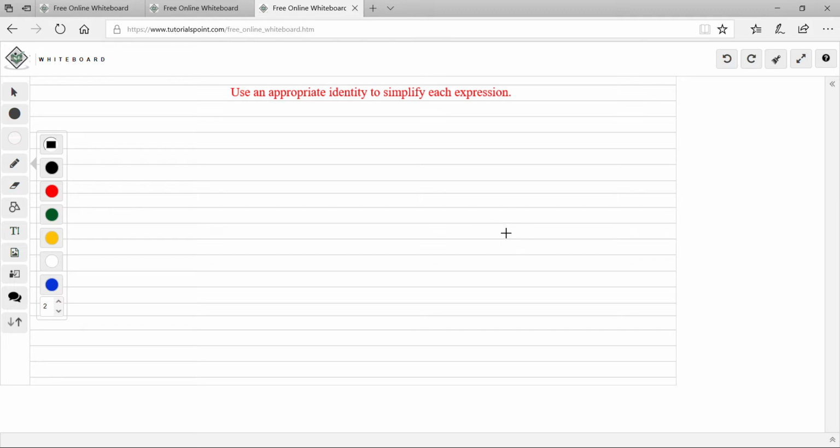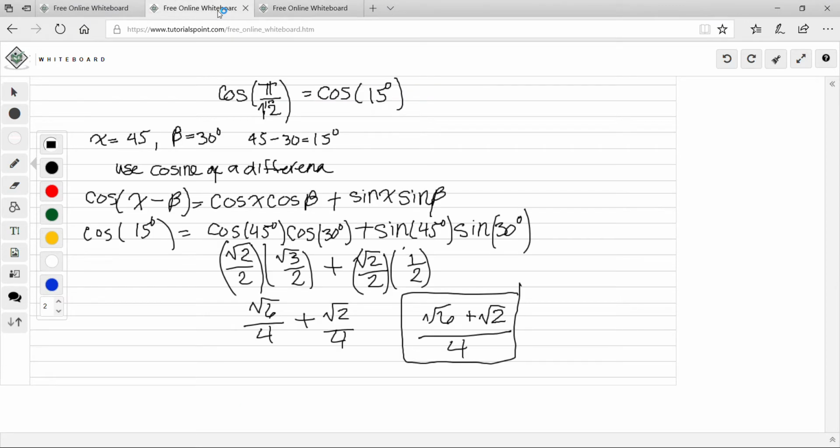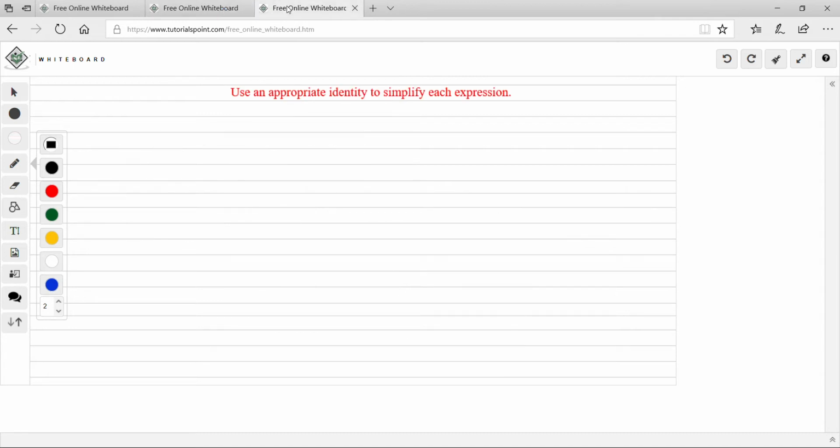Okay, so we know from the previous problem that cosine of pi over 12 is root 6 plus root 2 over 4, because that was from a previous problem.